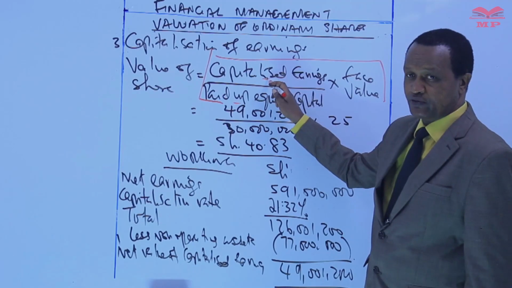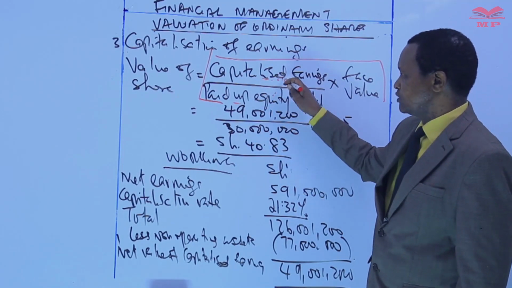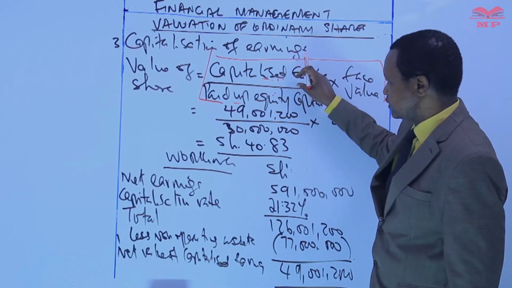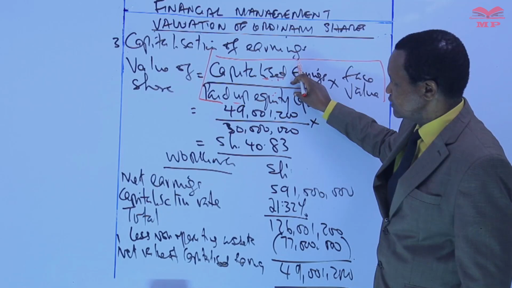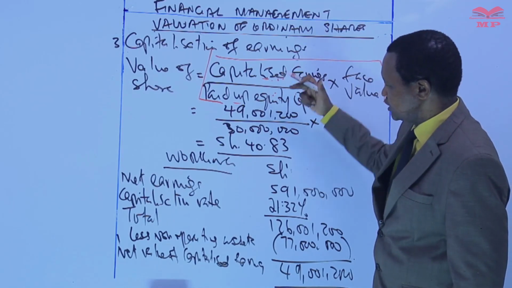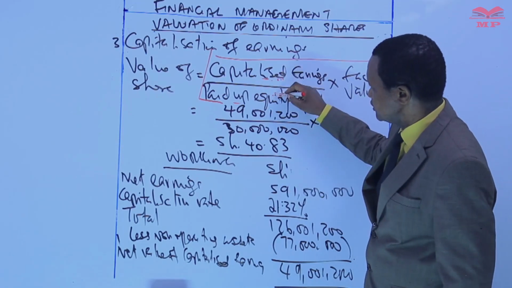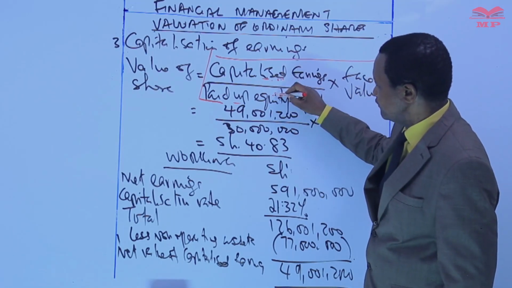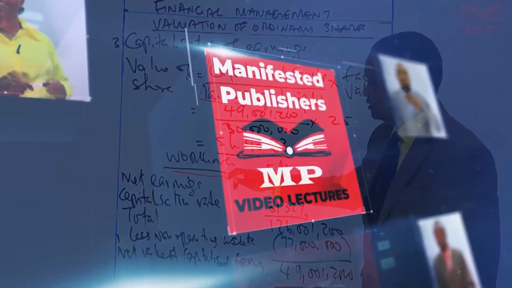You may have to do some workings in order to arrive at the right inputs. So first of all, get the formula right and put it down. Then check from the details provided in the question whether you have these inputs. If there are no inputs in the question, then you have workings.